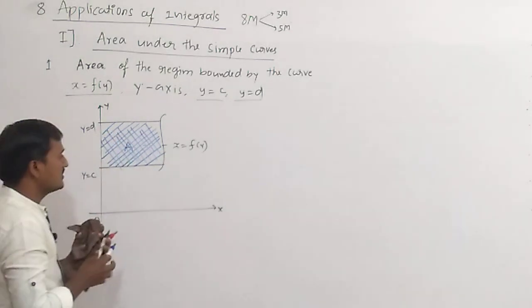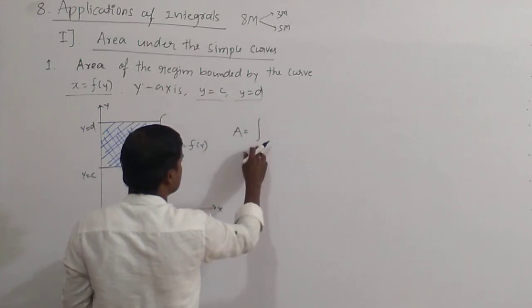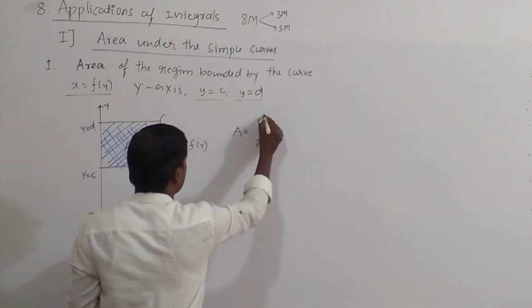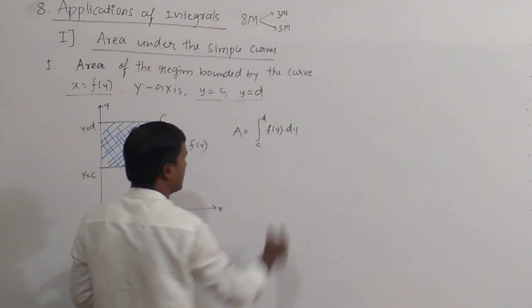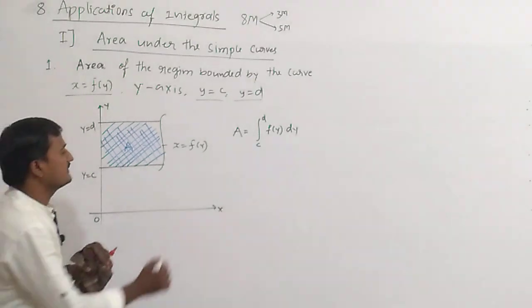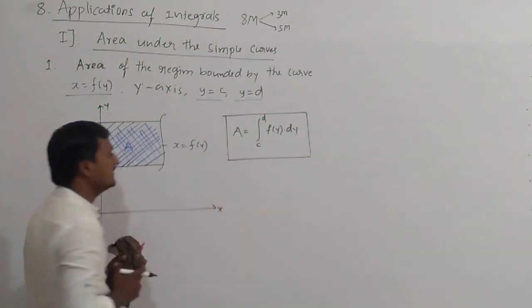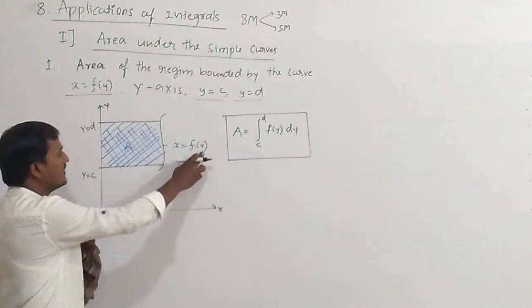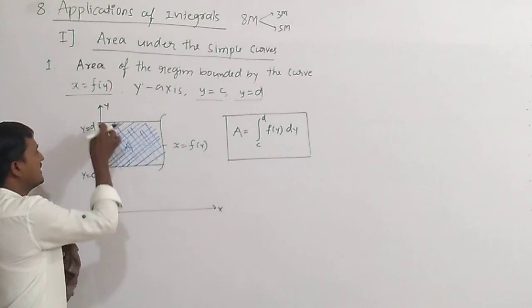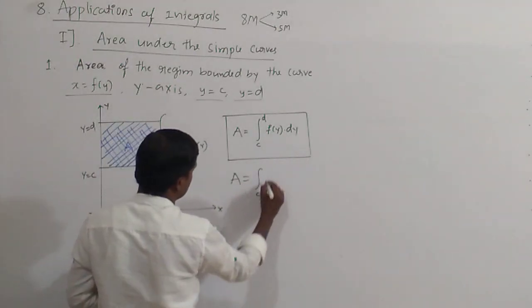So in this case we use the formula: area is equal to the integration from c to d of f of y dy. So here we are using this formula to find the area of the region bounded by the curve x equal to f of y, and this area lies along the y-axis. So again here we will write it like this, integration from c to d.